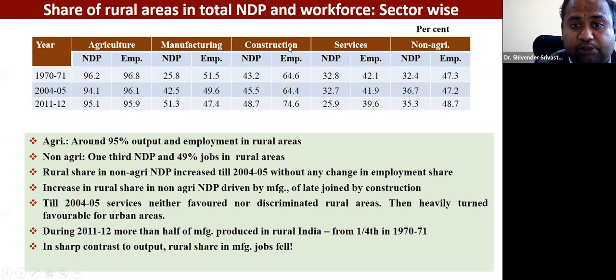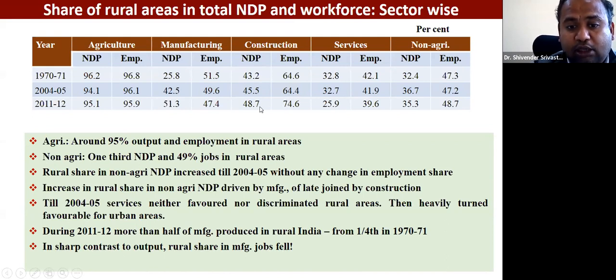Take, for example, the other non-farm sector, that is the construction sector, whose share has also increased. It means that construction activities in rural areas are taking place at a higher rate as compared to urban areas. And you see the employment share has increased, and it is higher than the increase in the output.